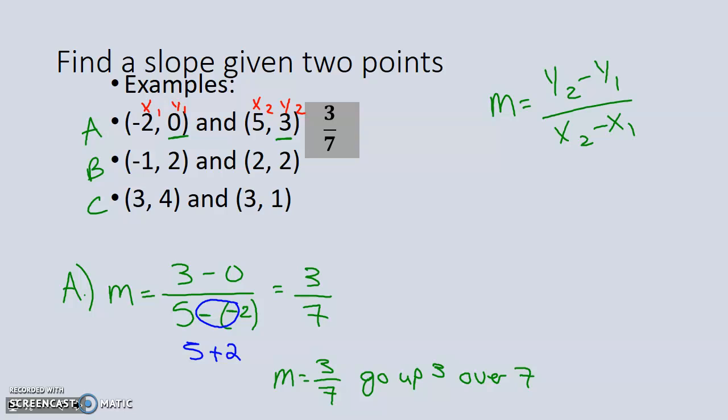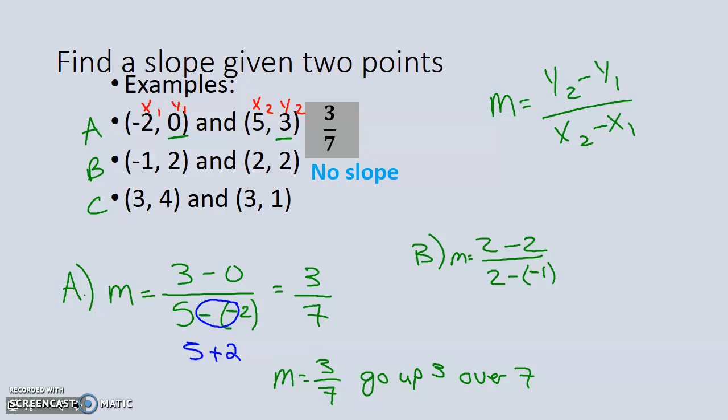All right, let's see if you got the other ones right. So the first one, 3/7. Second one, you set up the same way, just different points. And you get no slope. Why did I get no slope for that? Let's look at that one. So I need to have my 2 minus my 2, 2 minus my negative 1 for my slope.